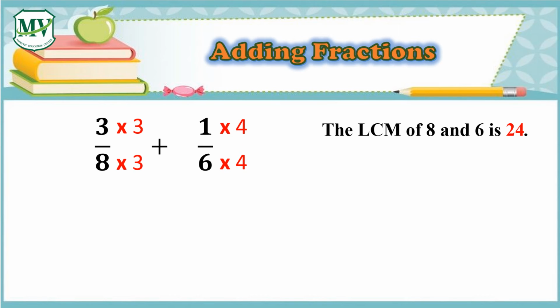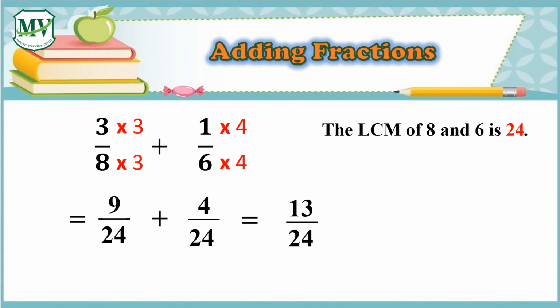So we have 9 over 24 plus 4 over 24. What do you think is the answer? That's correct. We have 13 over 24. Did you get it? Excellent.